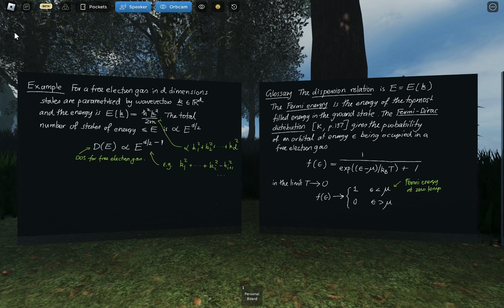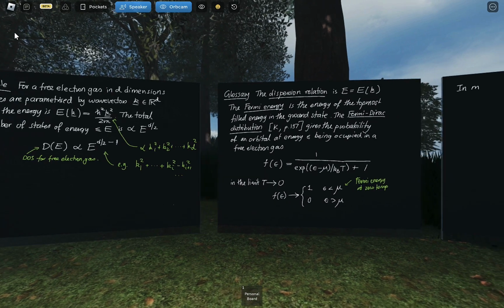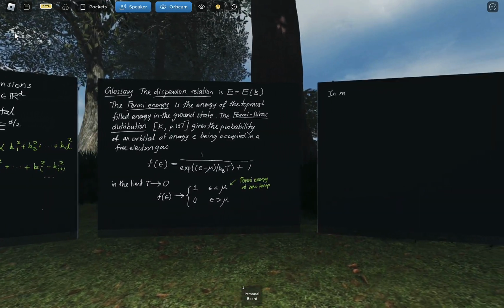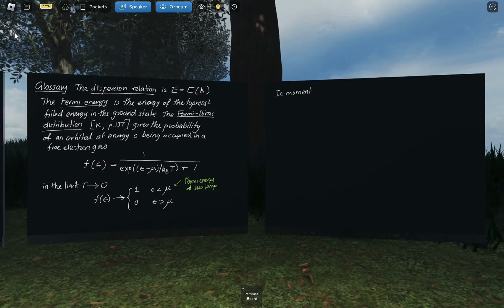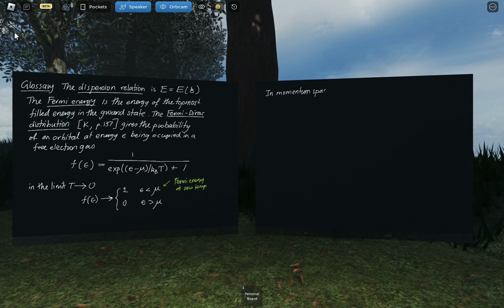So in momentum space, that's the momenta such that the energy is less than or equal to mu. Fill up a ball. The boundary or surface of which is the Fermi surface.